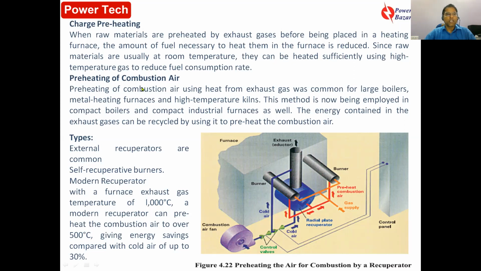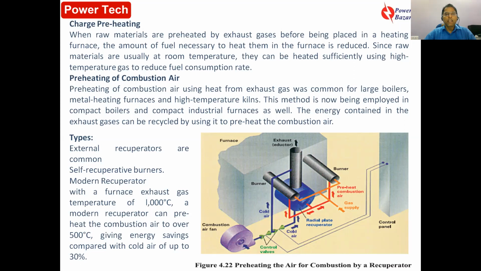That is one option. The second option is, we have to add a certain amount of air or oxygen into the combustion burner, so that the combustion air will help the burning of the fuel.